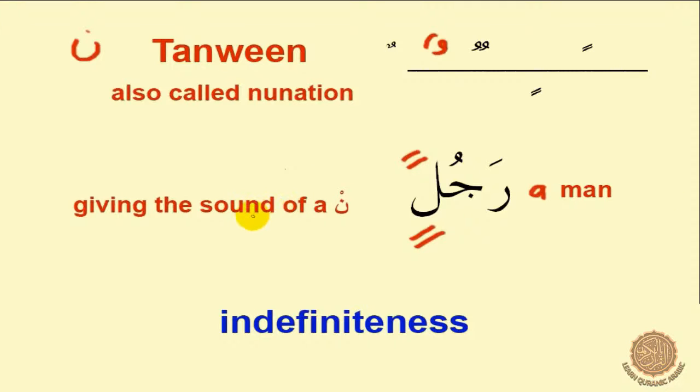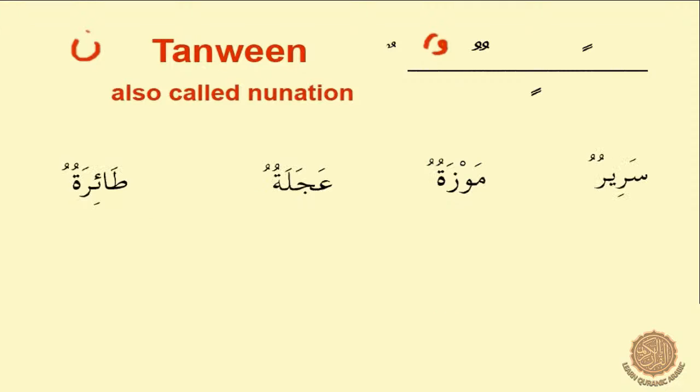Now let's go through some words with Tanween. Okay, we have these four words. So the first one is sarirun. So you see the Tanween here. Next one is mawzatun. Third one, ajalatun. And lastly, ta'iratun. So notice the un sound at the end.